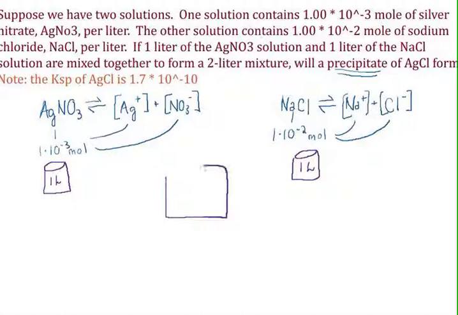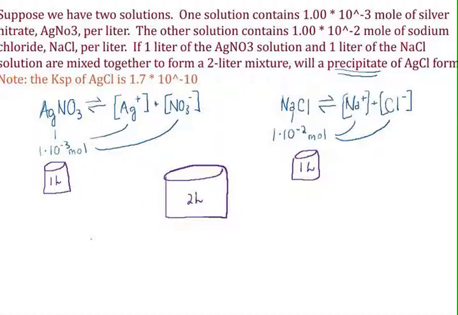So now they're all in one giant 2-liter bucket, if you will, and that means the overall concentration is going to change. It's going to get cut in half, because suddenly you're no longer talking about this many moles per 1 liter of solution. You're talking about this many moles per 2 liters of solution.